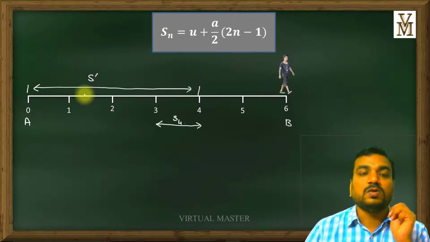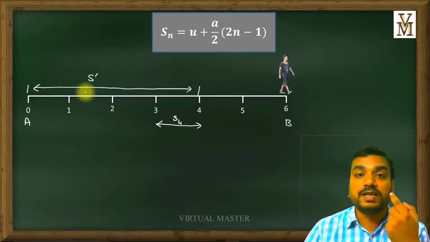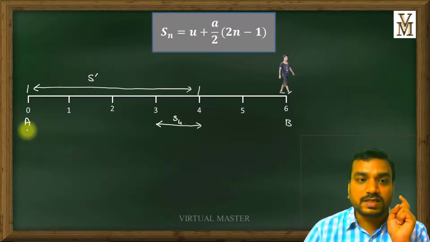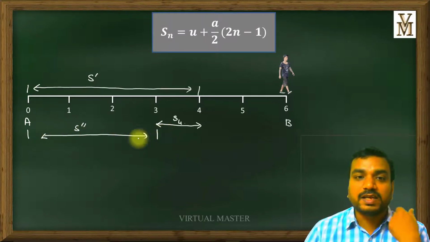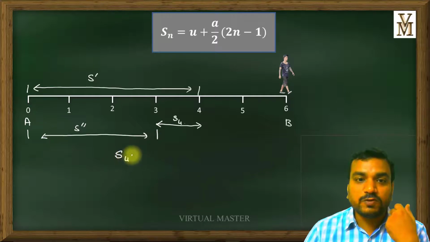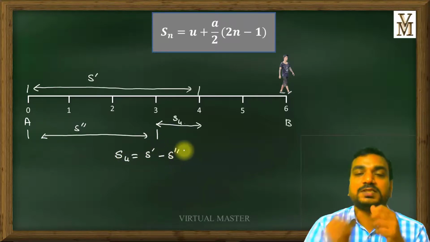Next, we have to find the distance covered by the boy in 3 seconds, that is the distance from point A to the 3rd second. I will call this S double dash. From the figure I can write S4 will be equal to S dash minus S double dash.